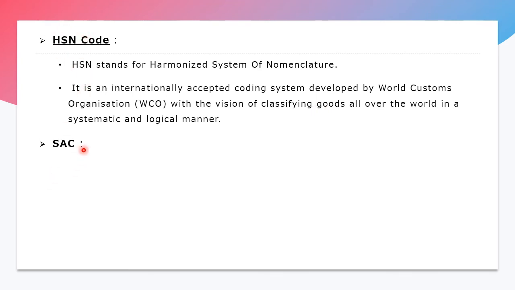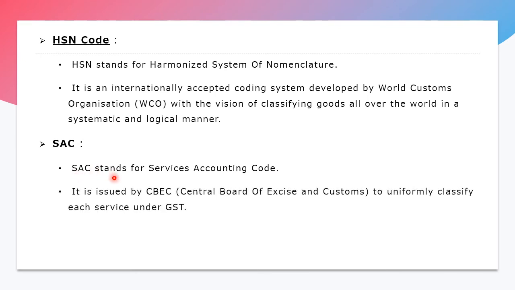Now the next concept which comes under GST is SAC. Now what is this SAC stands for? It stands for Services Accounting Code. What is SAC? It stands for Services Accounting Code.